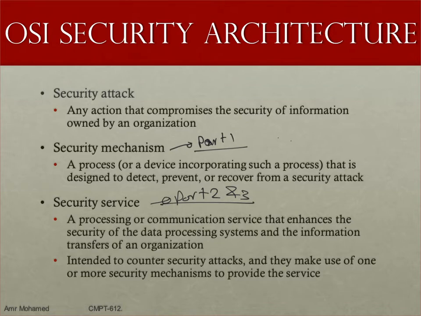So how does TLS use the mechanisms we studied in part 1, maybe one, maybe two, maybe three, collectively, to provide confidentiality? And so on. We will study, for example, hashing mechanisms. How does TLS use hashing mechanisms to provide integrity?